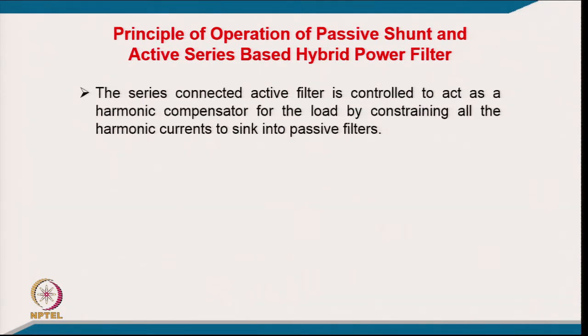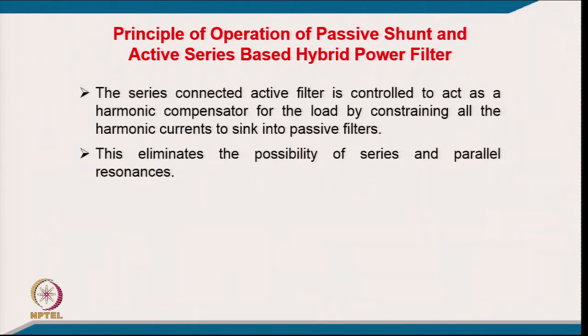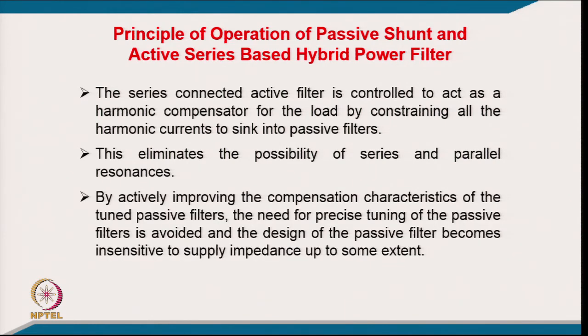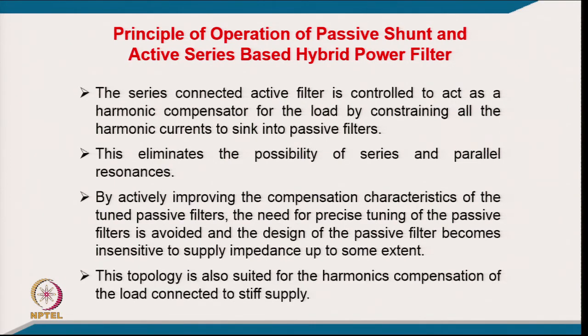The series connected active filter is controlled to act as a harmonic compensator for the load by constraining all the harmonic current to sink into the passive filter, and this eliminates the possibility of series and parallel resonances. By actively improving the compensation characteristic of the tuned passive filter, the need for precise tuning of passive filters is avoided, and the design of the passive filter becomes insensitive to supply impedance up to some extent.